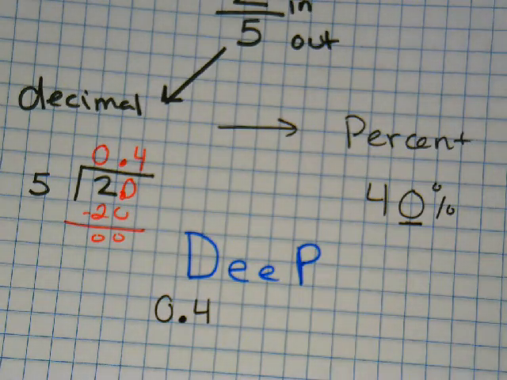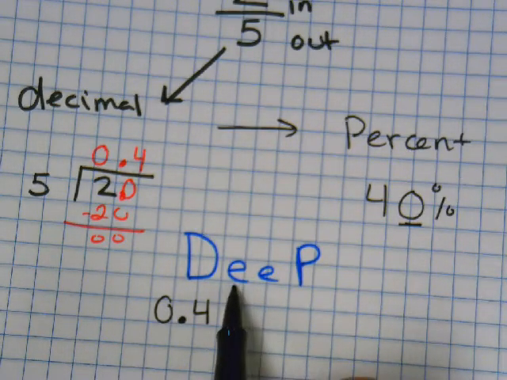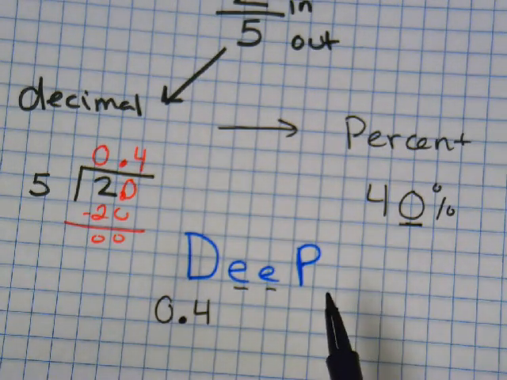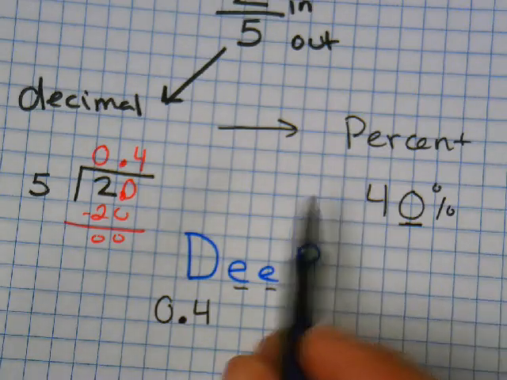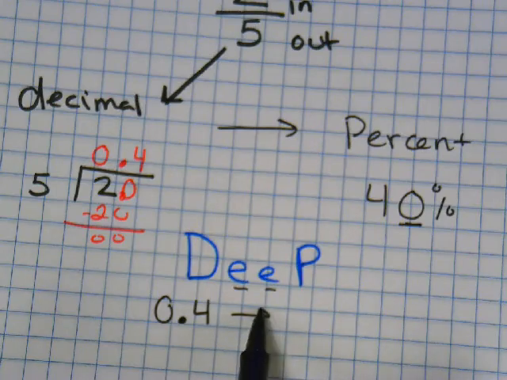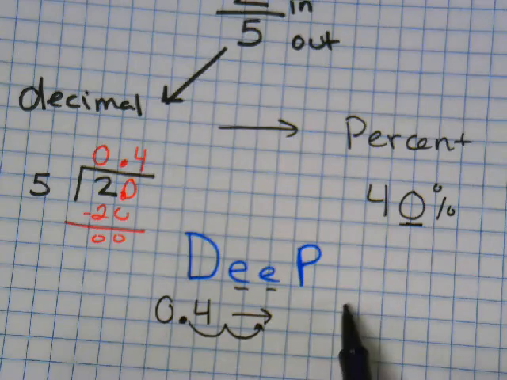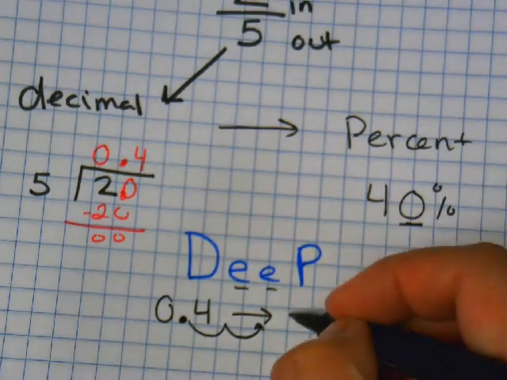If you know, you know, but this is just a reminder. You move it 2 times. I like to use the word DEEP because the 2 E's tell you how many times to move it and in which direction. Going from D to P, I move it to the right 2 times, 1, 2, and that converts it into a percent, 40%.